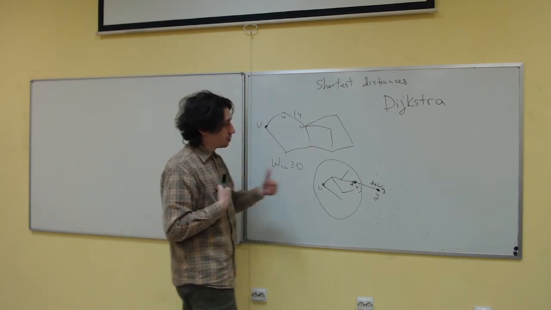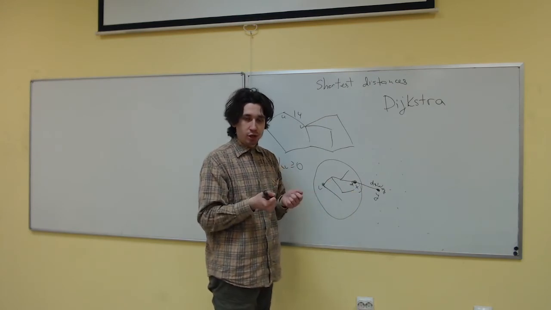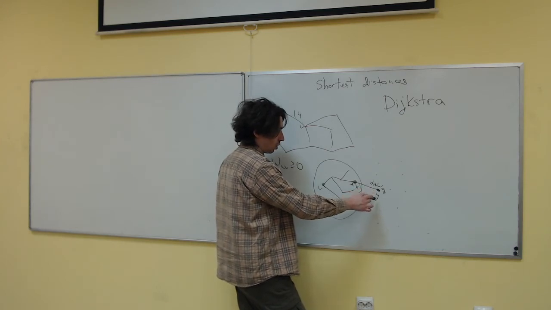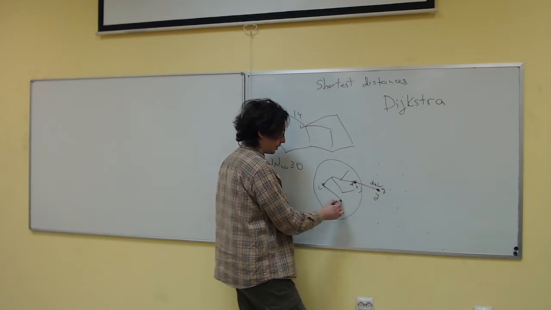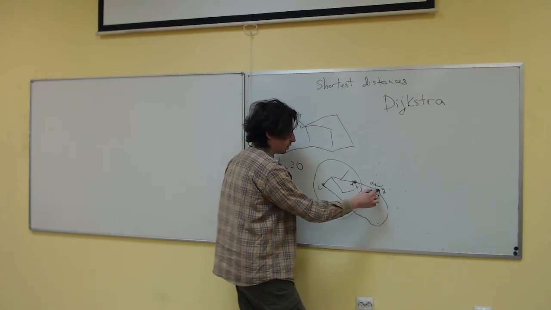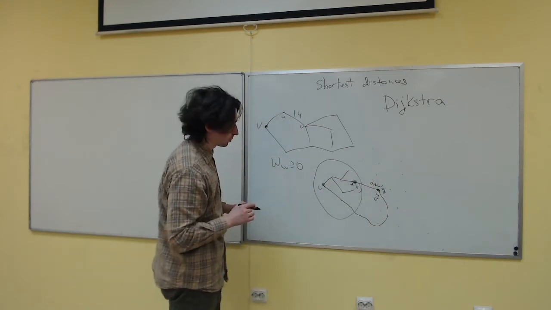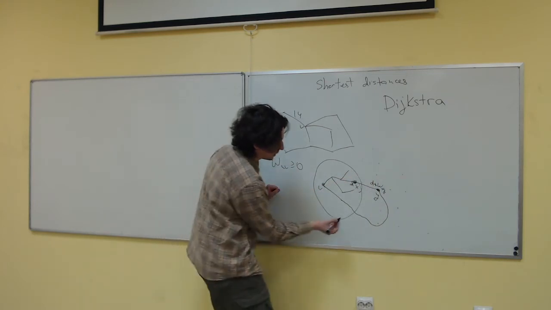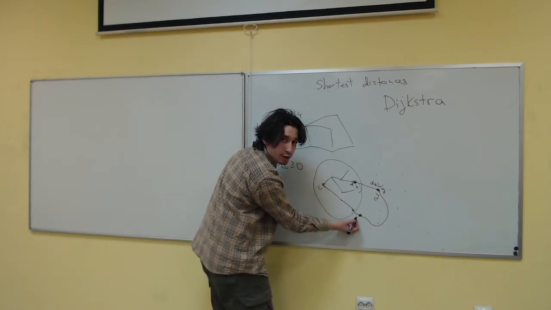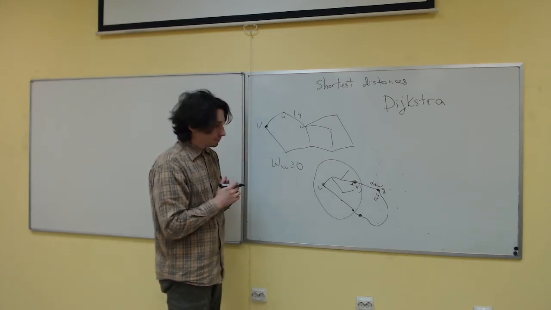Why are we ready to add this vertex y to the set of already computed vertices? Suppose that y has some other path from V that is suddenly smaller than this D plus w xy. Let's look at the first time when we cross the border of this known set.